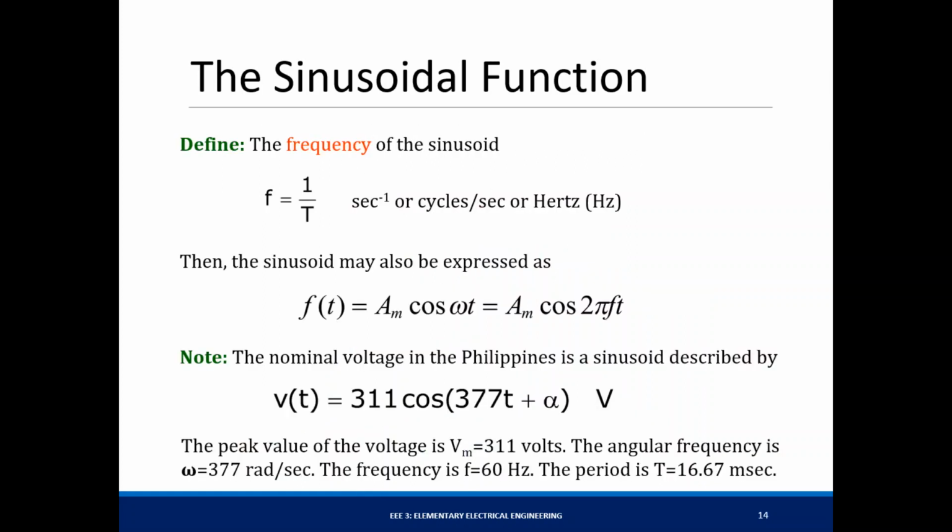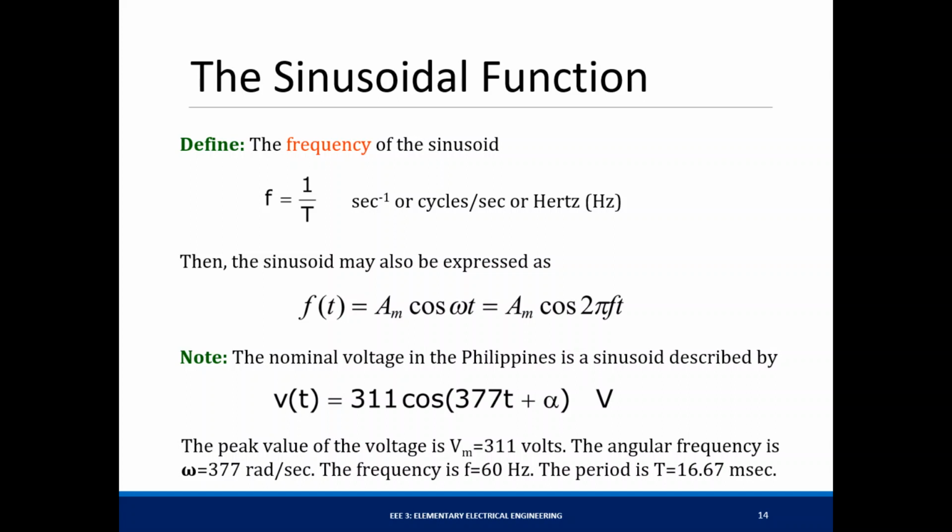Okay. Some definitions: the frequency of the sinusoid is basically how many times it rotates in 1 second.